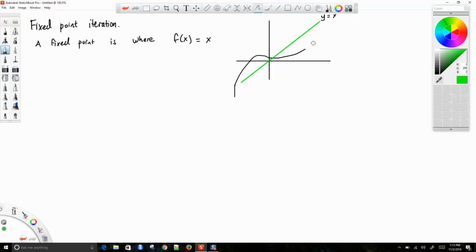Okay, and basically where the thing crosses y equals x, this is a fixed point. Okay, and then this would be a fixed point. And this right here would also be a fixed point.